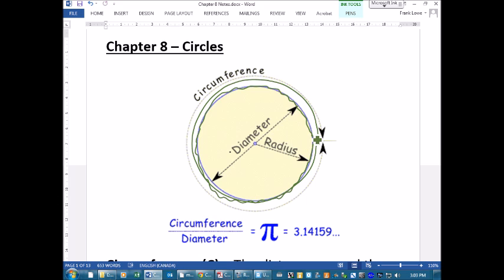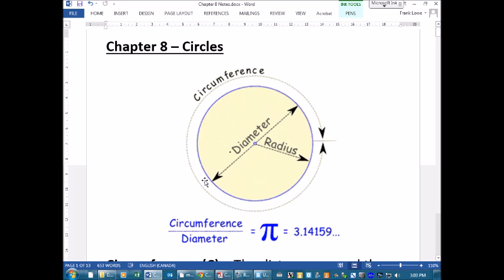You look at the lid of a container, the outside edge of that lid is the circumference. Anything that's circular, the distance around the edge of that circle is circumference. Okay, so those are your three major things about a circle that you need to be aware of and remember throughout this unit.